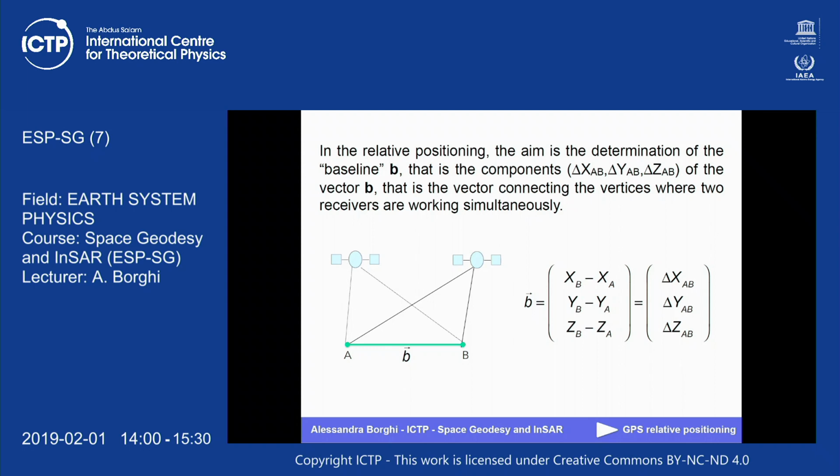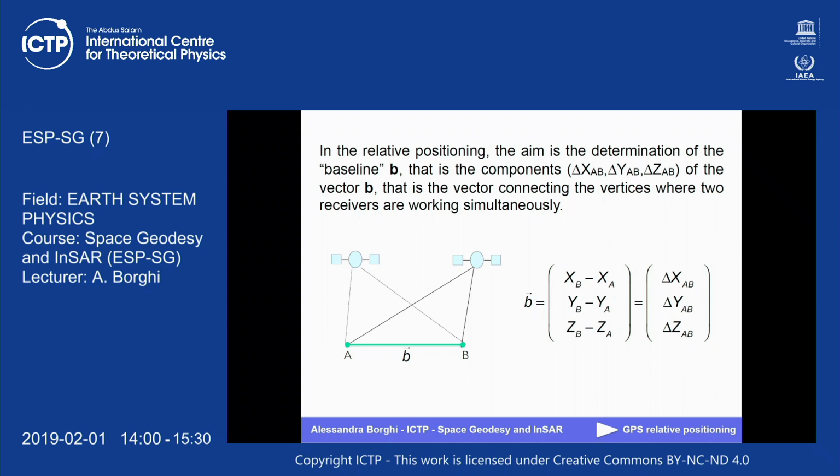We are going to see more or less the same thing for the GPS. This is important to understand what is the output of a GPS software. So usually we use relative positioning, especially for geophysical applications. We don't use relative positioning but different types of positioning, differential, and so on, just for surveying applications.